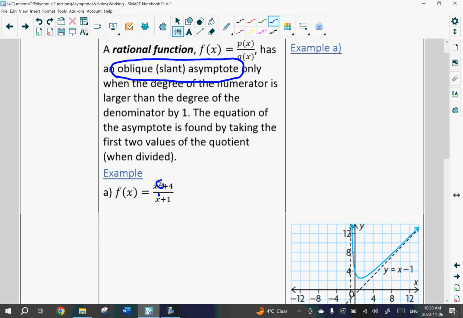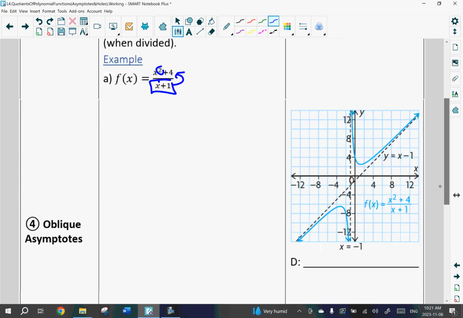If you see that the degree in the numerator is 1 larger than the degree in the denominator, you have to do division. You have to divide this value by that and get the quotient, because the quotient is going to give you the equation of the oblique asymptote. It's not just x equals or y equals. Because it's on a slant, it's the equation of a linear line.